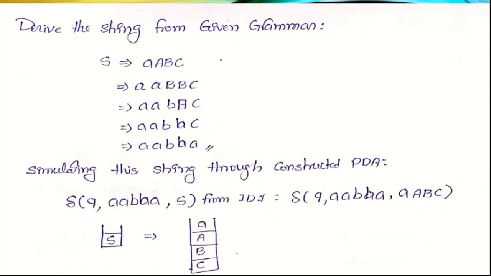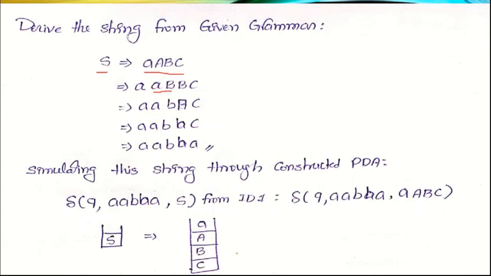To derive any string from any grammar, always start with the starting symbol, that's S, whose RHS is ABC. In the place of A, there are two productions, one is AB or another one is only A. We assume AB, otherwise only A is also valid, no problem, I just assume AB.